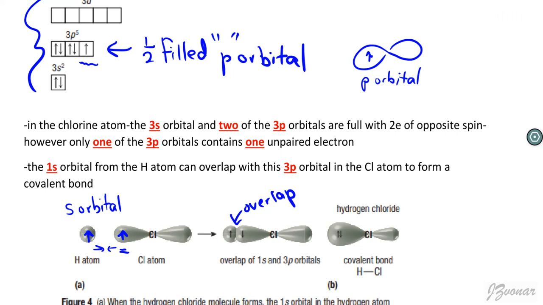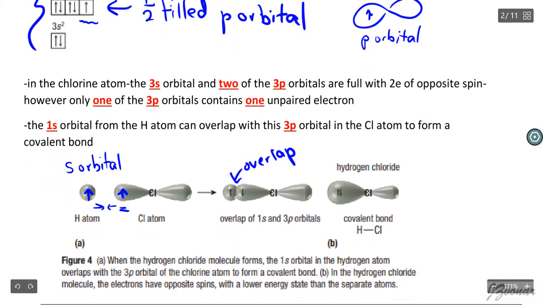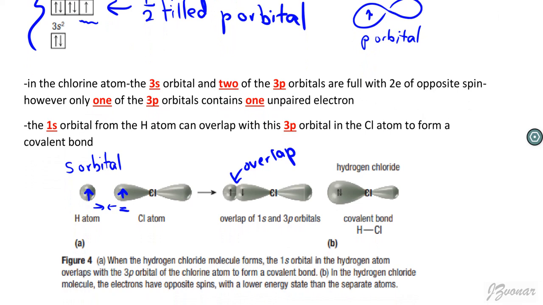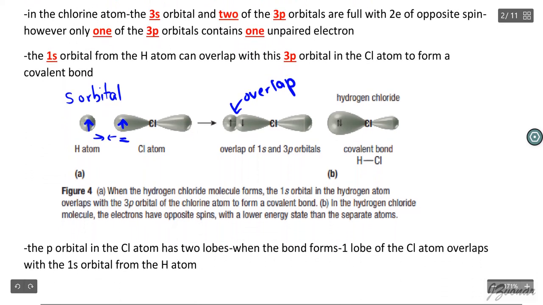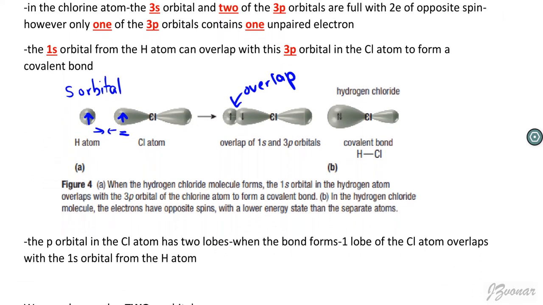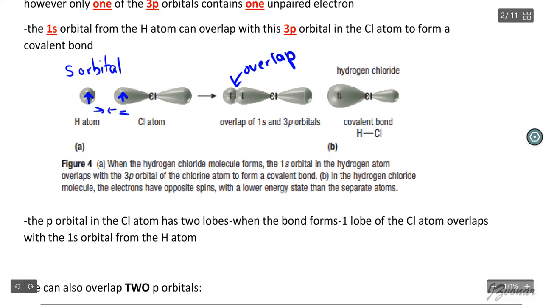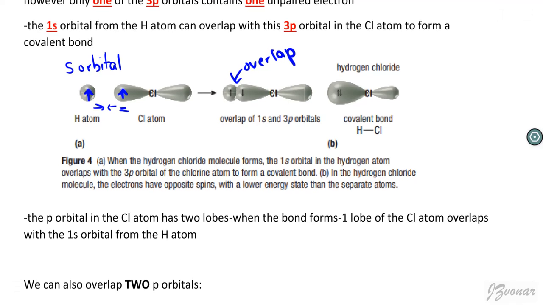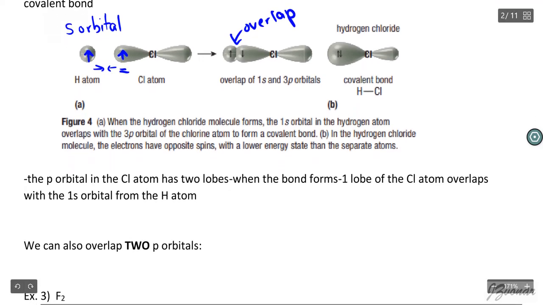They have opposite spin once they have formed that covalent bond, and having the sharing of the electrons. Okay, so this is very, very important to show how they form this covalent bond. So the two lobes are going to overlap and it forms our covalent bond.